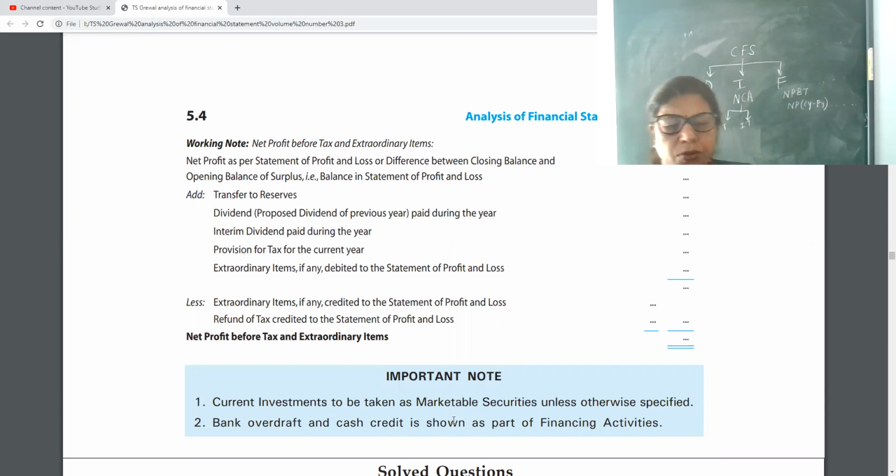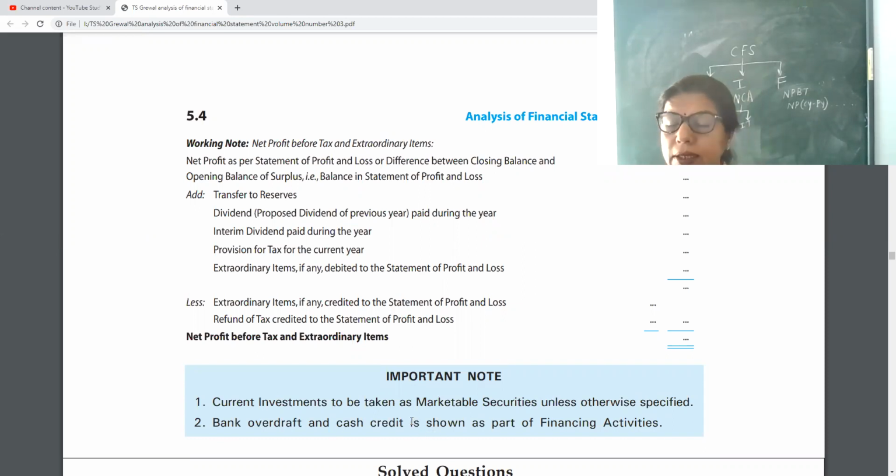According to the new pattern, current investment to be taken as marketable securities unless otherwise specified. It means that should be treated as cash and cash equivalent, and bank overdraft and cash credit.